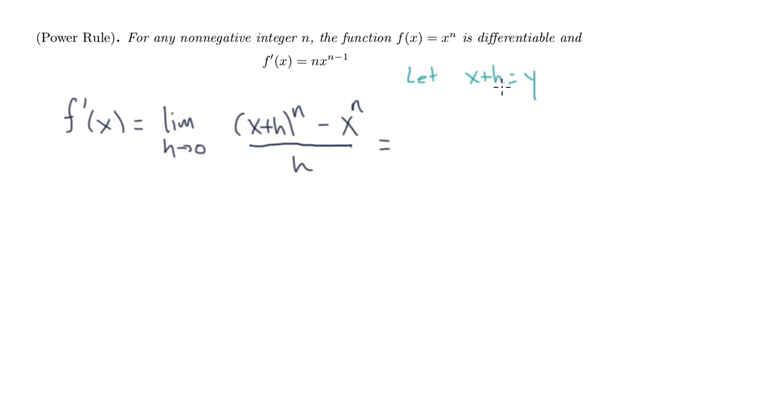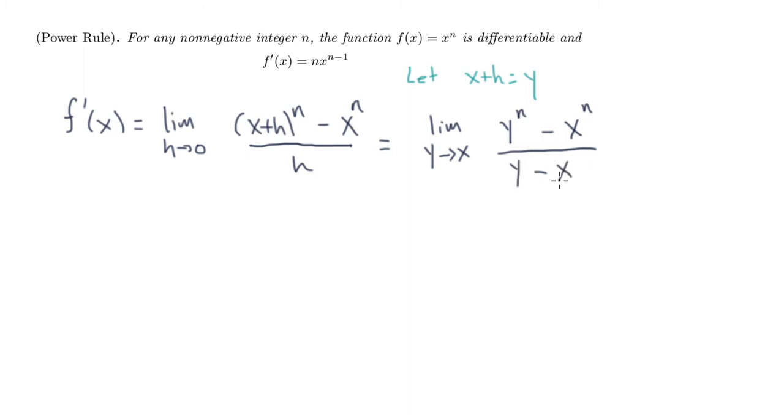It's the same thing here. And so what I can do is note that as h goes to 0, y is going to be approaching x. So I can write this as the limit as y approaches x of y to the n minus x to the n over what is h? Well, h is just going to be y, and then I can subtract x, so y minus x.